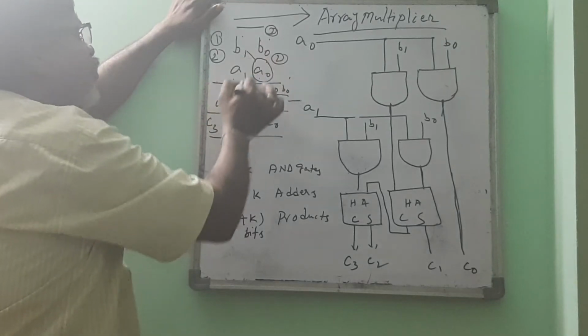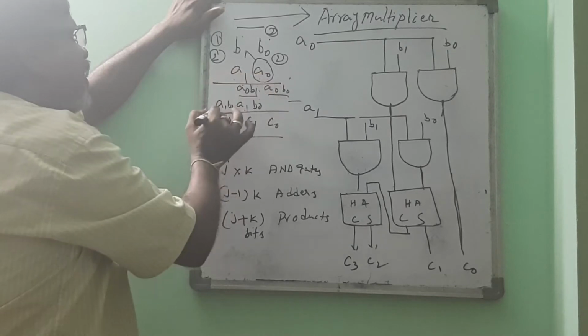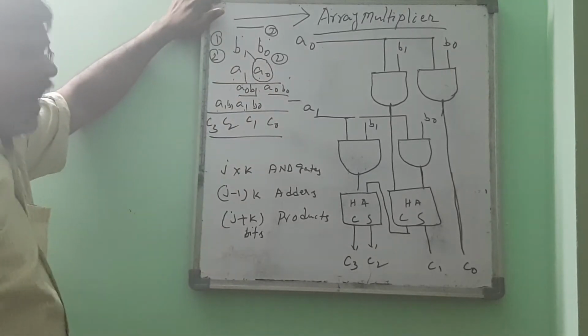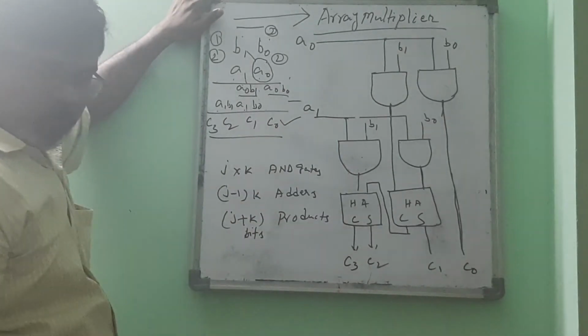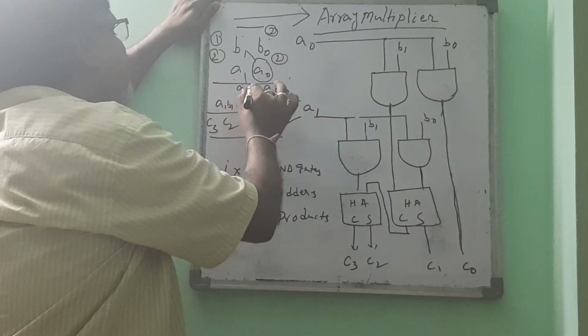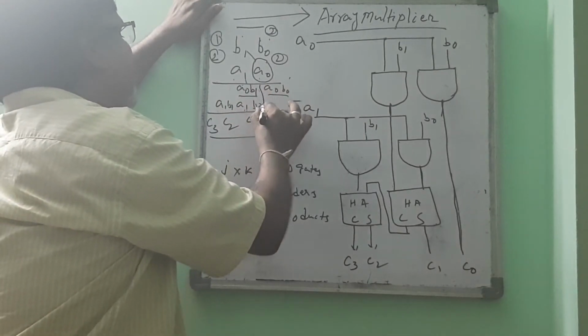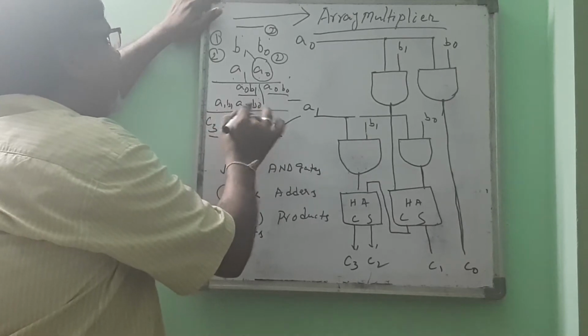So A1 into B0 is written after shifting here, then A1 into B1. So as it is, A0, B0 will be written as C0, and here these two numbers get added. So A0, B1, A1, B0.